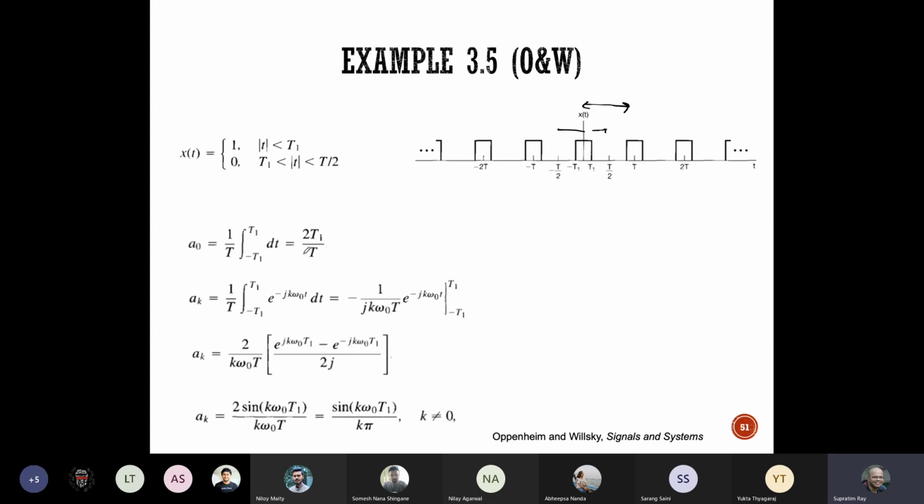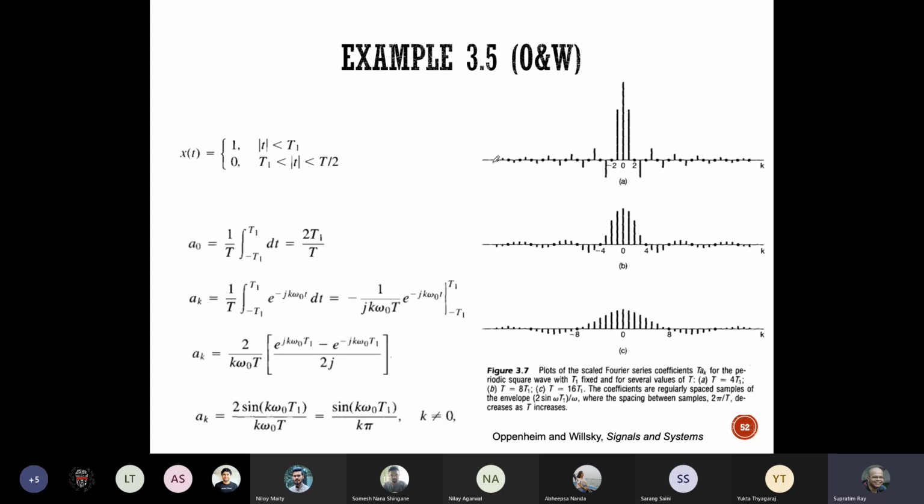So this is a0, and for any ak, if you integrate it this way, you can find out what the integral is going to look like. This is the same thing that we had done before, so I won't repeat it. This is the Fourier output of this signal. We will later see that this comes with a fancy name. It's called a sinc function.